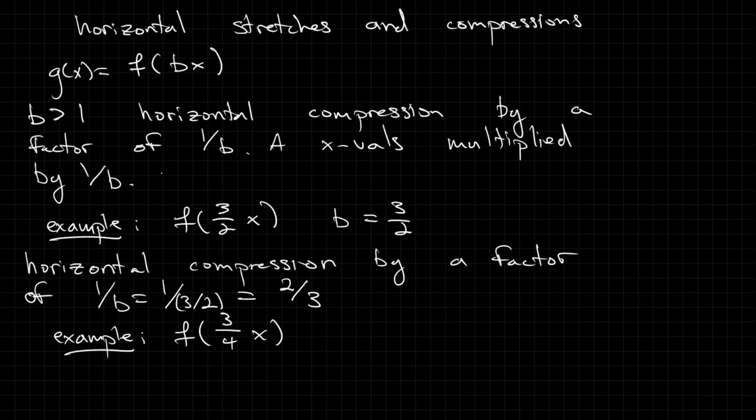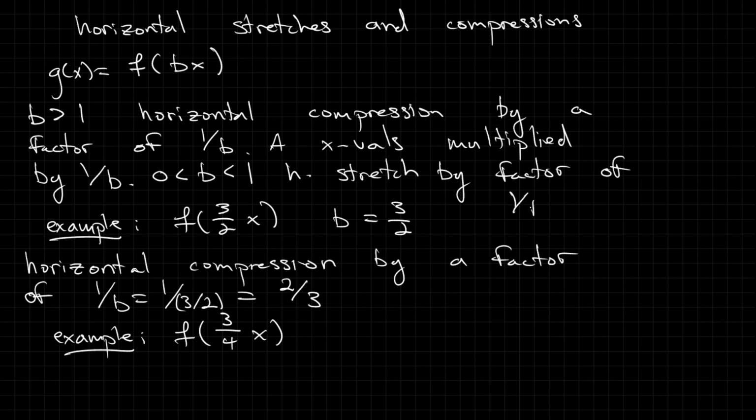Now, if b is between 0 and 1, then what you get is a horizontal stretch by a factor of 1 over b. So all of the x values are going to get multiplied by 1 over b. So for example, f of 3/4 x. Well, b here is 3/4, and that's between 0 and 1.